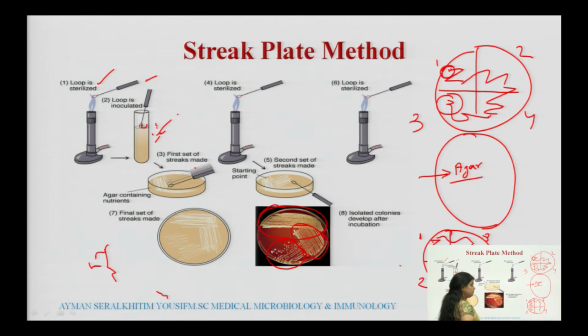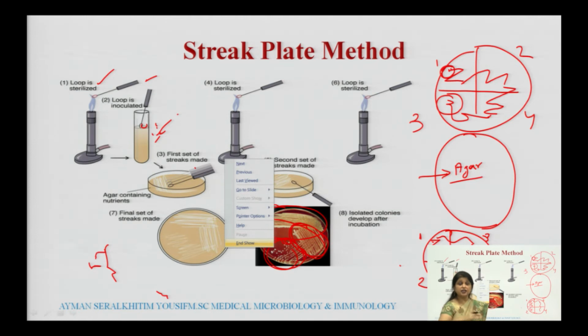In the first column the colonies will be highly concentrated, in the second column colonies will be less, and in the third column we will have much fewer colonies, or a much smaller number of microorganisms, and in the fourth part we will get isolated colonies.